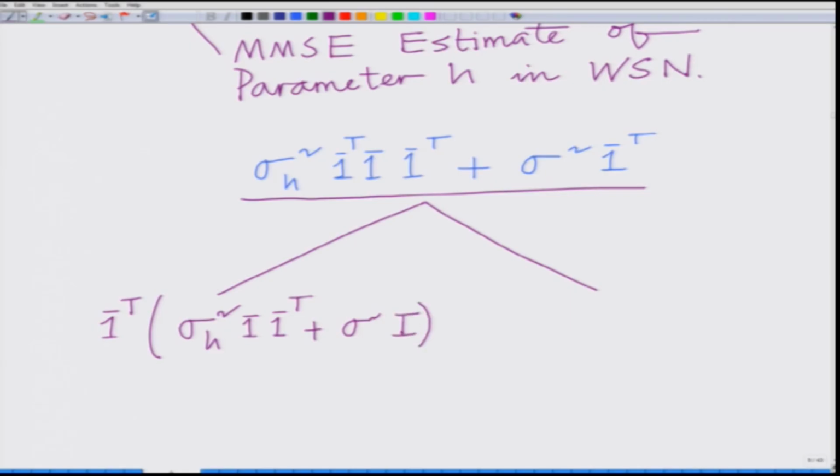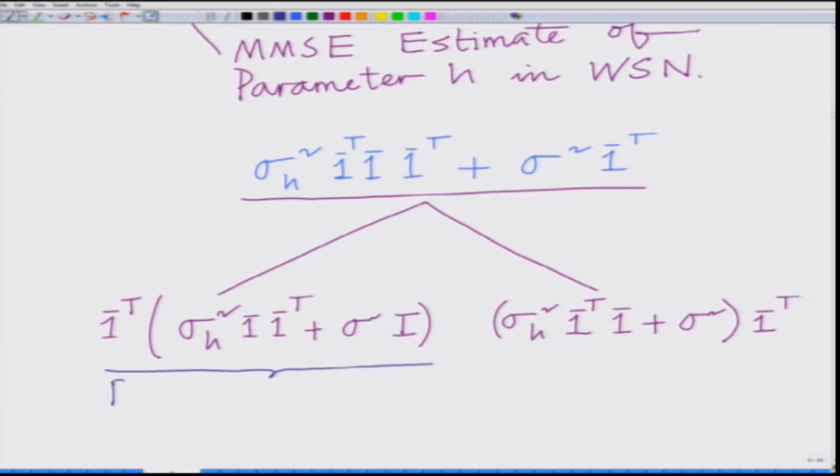This is the expression I get by taking 1 bar transpose common on the left. Now I am going to take 1 bar transpose outside on the right, and then what I get is sigma h square 1 bar 1 bar transpose 1 bar plus sigma square times 1 bar transpose.